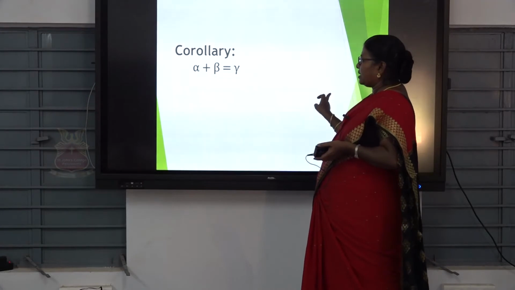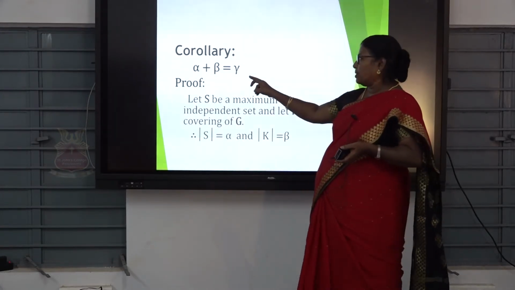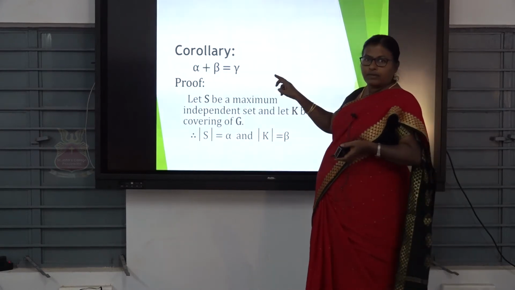Now we have the next corollary: alpha plus beta equals nu. Nu means the number of elements in the vertex set.